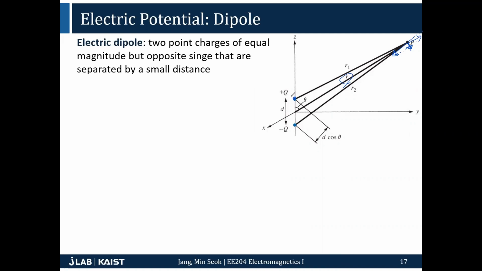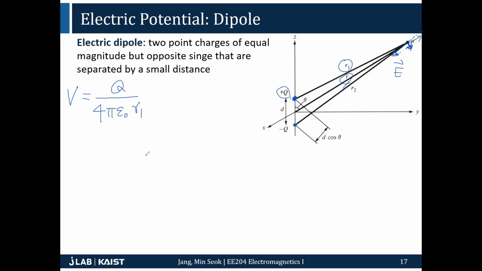Of course, you can do this calculation by dealing with the electric field. There's no problem, but it's just more complicated. So instead of dealing with E, we can deal with V, okay? V by the upper charge is Q divided by 4 pi epsilon naught R1, right?